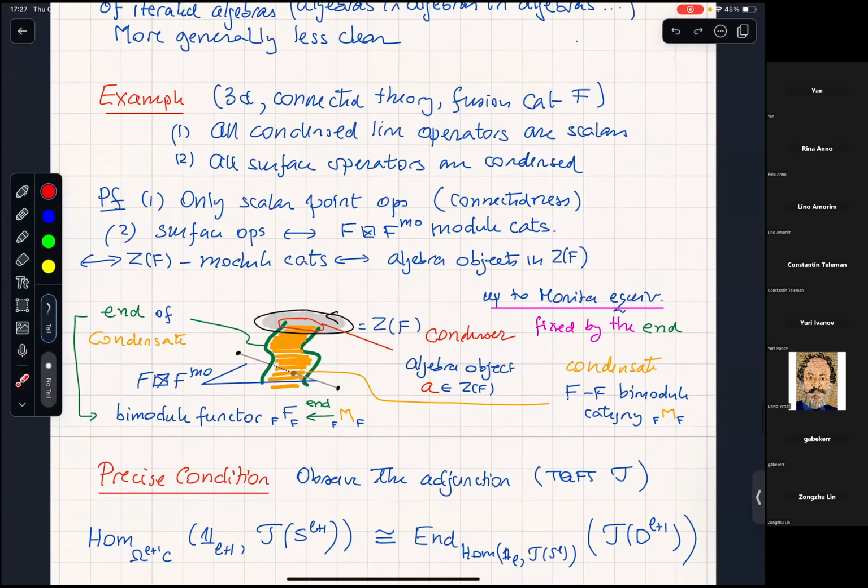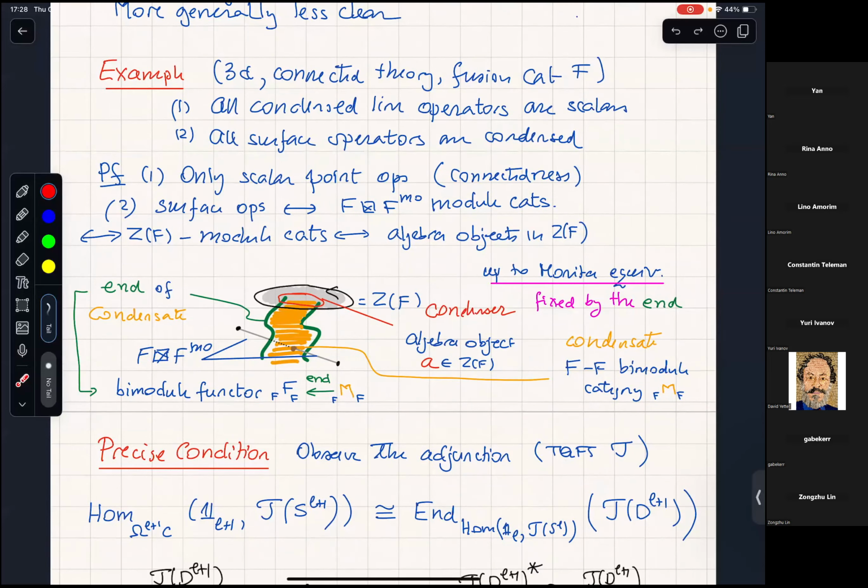So that's how surface operators correspond to algebra objects in Z of F. And these are points in Z of F. This gives you a label for line operators. So this A gives a label for line operators. So once you surround the tiny interval with the circle, or you make these horizontal lines very, very short, that becomes a line operator. But the theorem, which I'm not proving as a calculation, is that this surface operator does have Dirichlet boundary conditions.